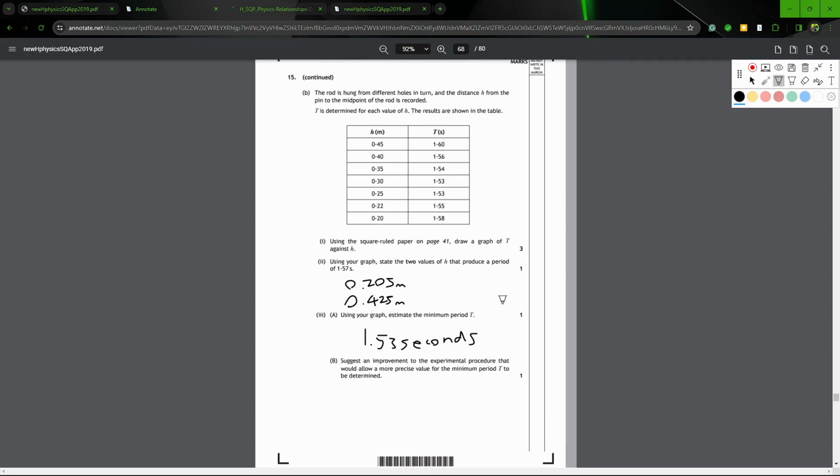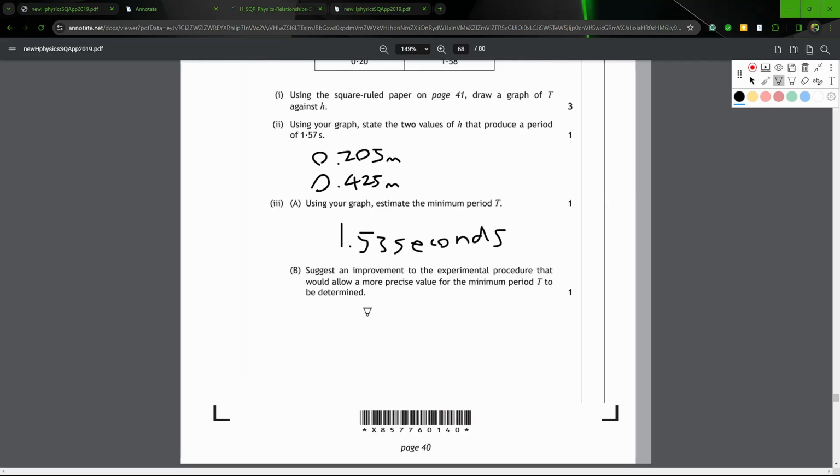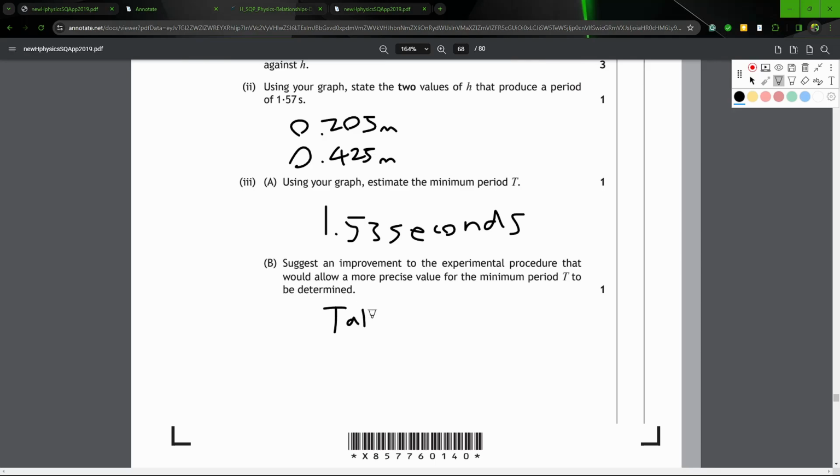Suggest improvement to experimental procedure that will allow a more precise value for the minimum period t to be determined. So what you can say here is take more measurements near the turning point, because that's the dip of the parabola.